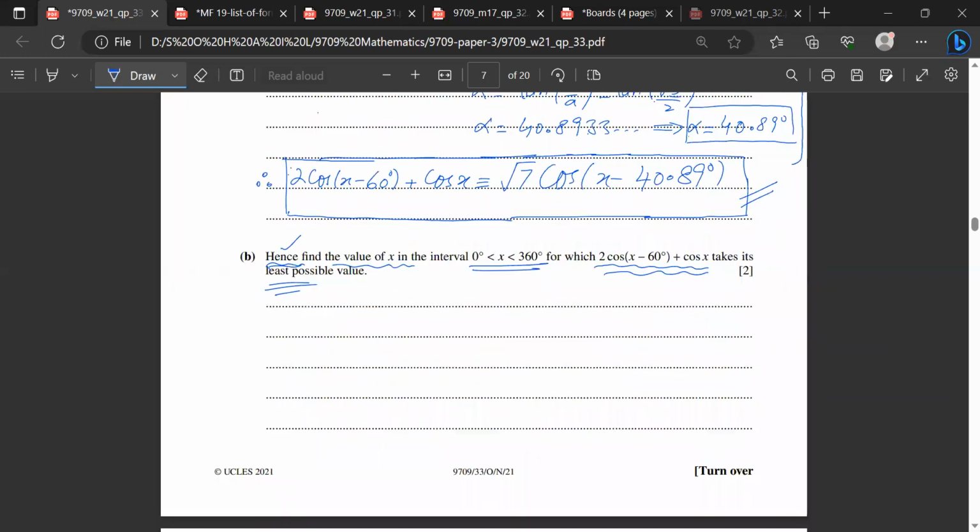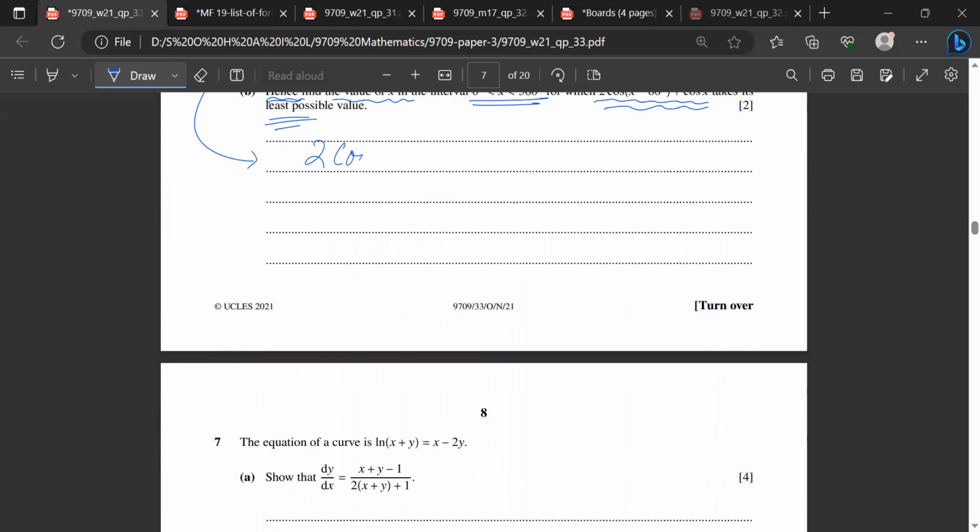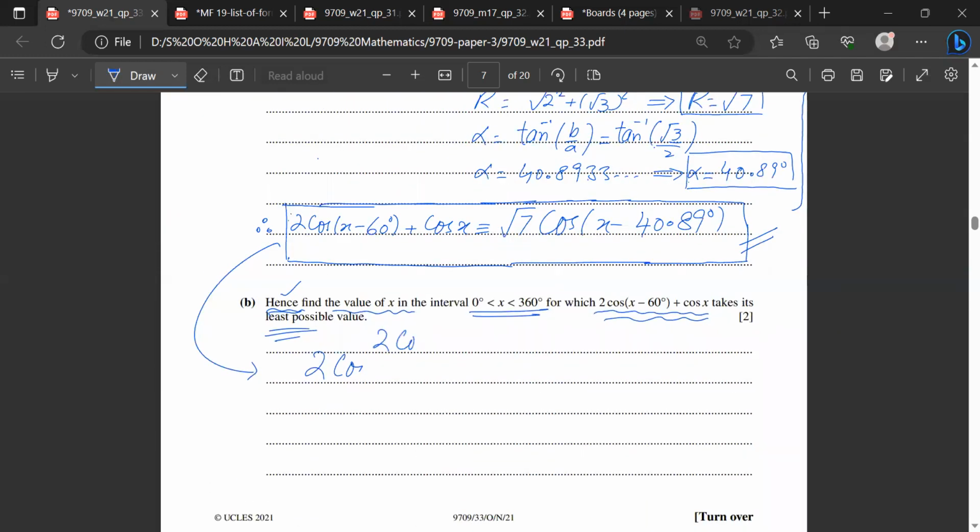So I'm looking for the least possible value of this thing: 2 cos of x minus 60 plus cos of x is equal to root 7 cos of x minus 40.89 degrees. So for the least value of this expression, let us focus on the right hand side.